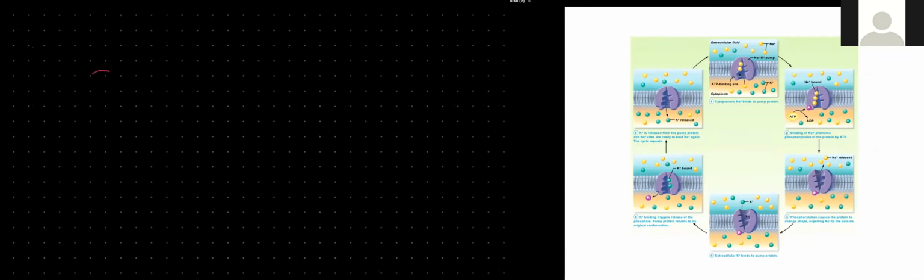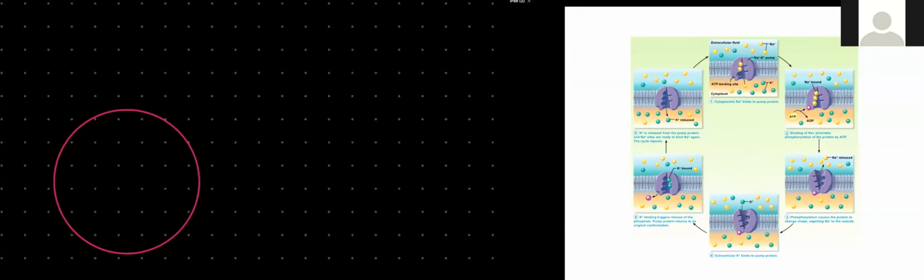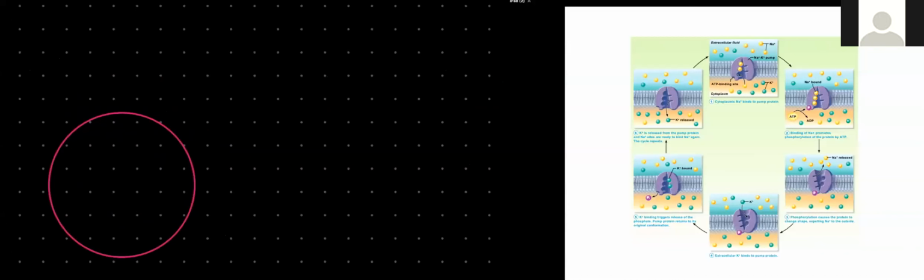So this is my cell like this. Something that you need to know is that outside of the cell, you have much higher sodium concentrations. You have high sodium outside of your cells, and inside of your cells, you have high potassium.